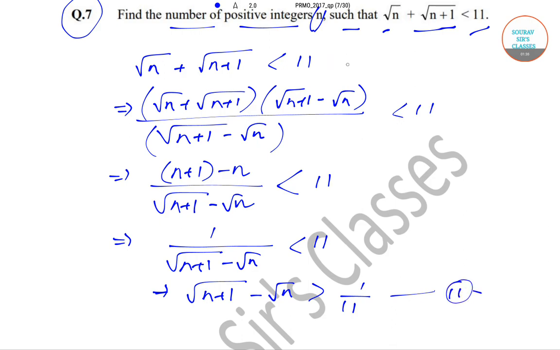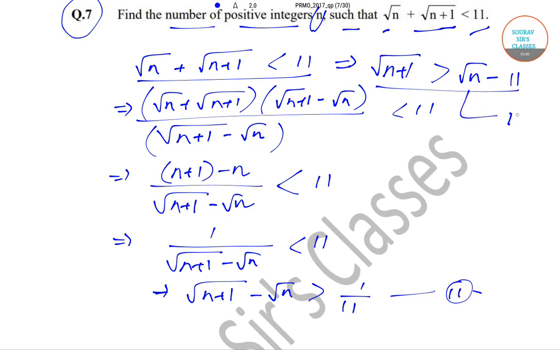Now from equation 1, this can be further written down as root over n plus 1 will be greater than root over n minus 11. We can write this as equation 1.